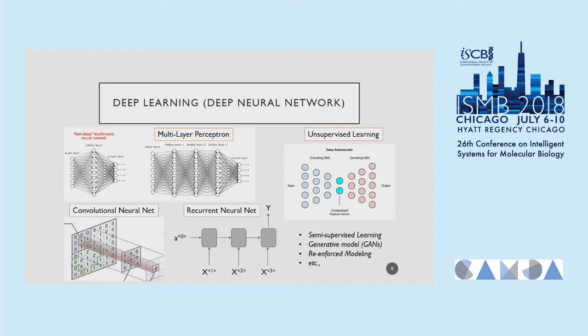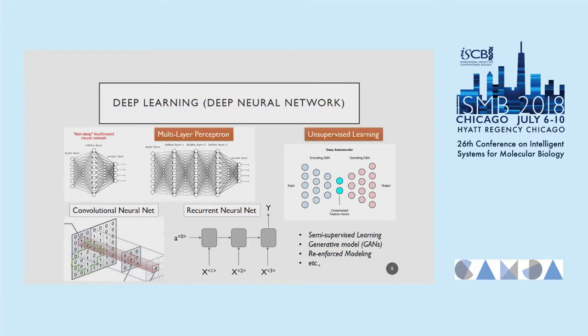So for deep learning, the simplest deep learning, mostly we are talking about a deep neural network. And the simplest form of the deep neural network is what I said is the multi-layer perceptron, which means you have multiple hidden layers between the input and output layers.